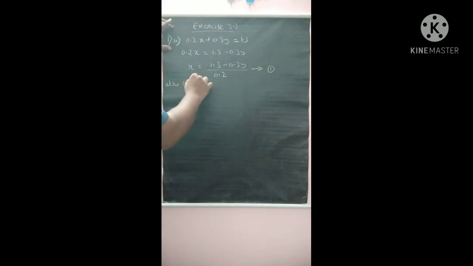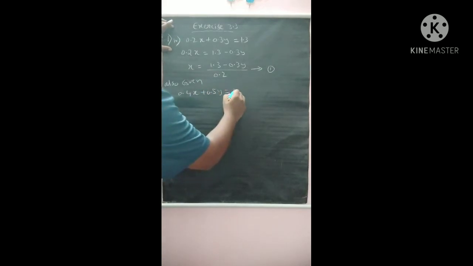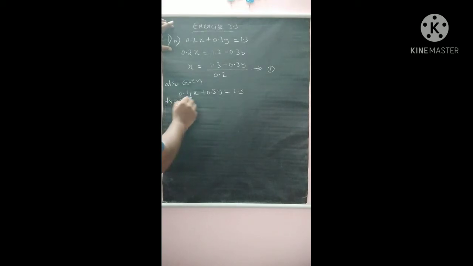Also given is 0.4x plus 0.5y equals 2.3. From equation 1 we got x equals (1.3 minus 0.3y) by 0.2.